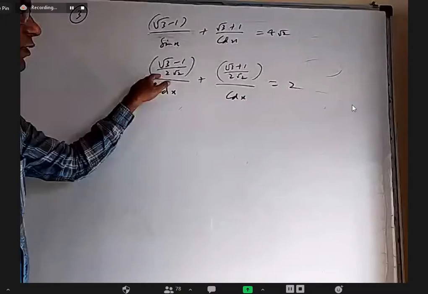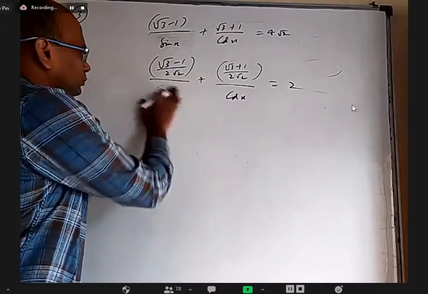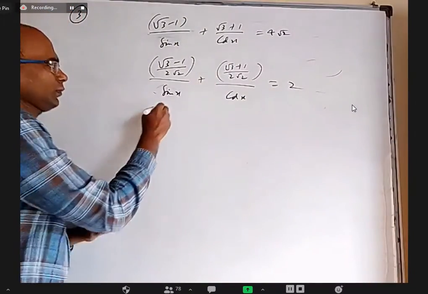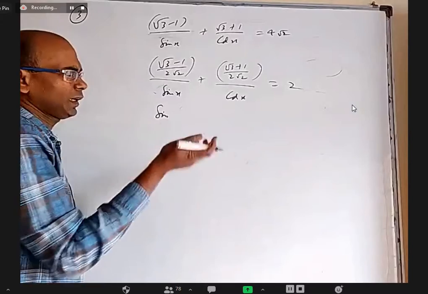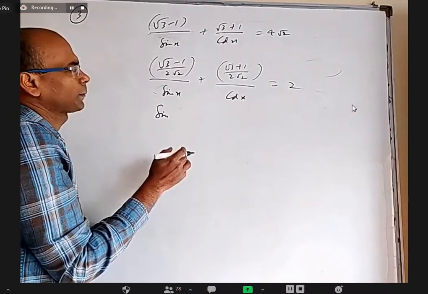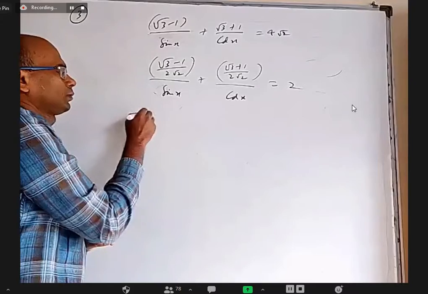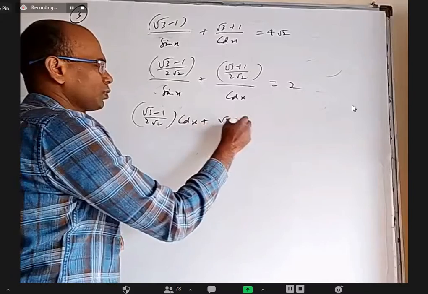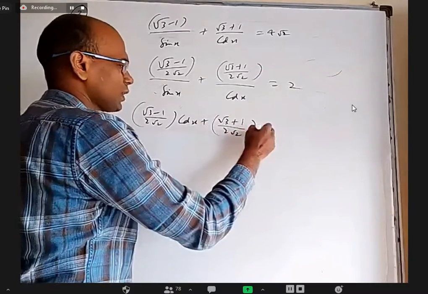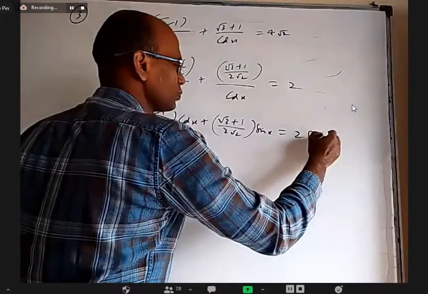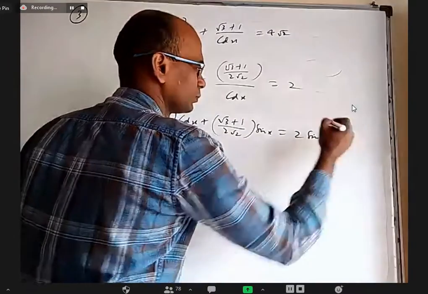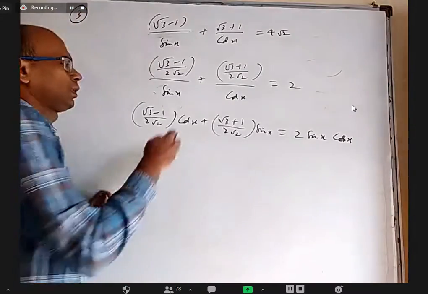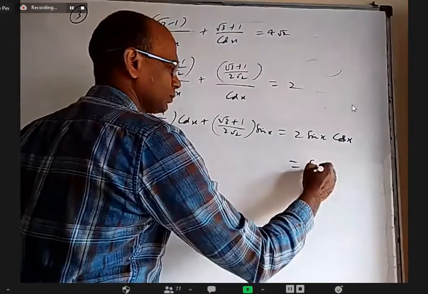We know this is sin 15 and this is cos 15. So I can convert it to cos also depending on the requirement. We'll see. (Root 3 minus 1) by 2 root 2 into cos x, plus (root 3 plus 1) by 2 root 2 into sin x is equal to 2 sin x cos x.